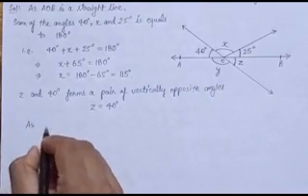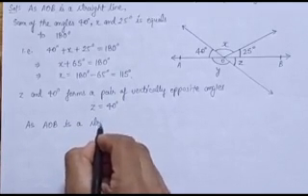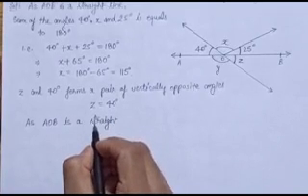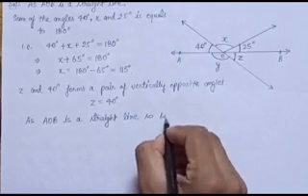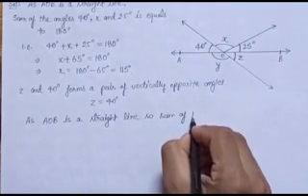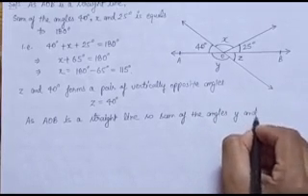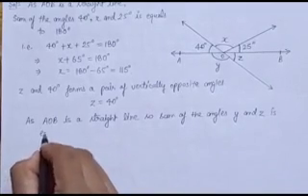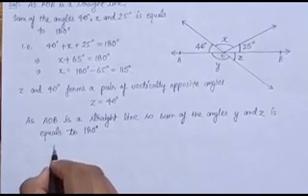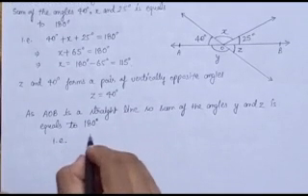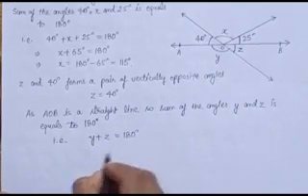So we can write, as AOB is a straight line, the sum of the angles y and z is equal to 180 degrees. That is, y plus z equals 180 degrees.